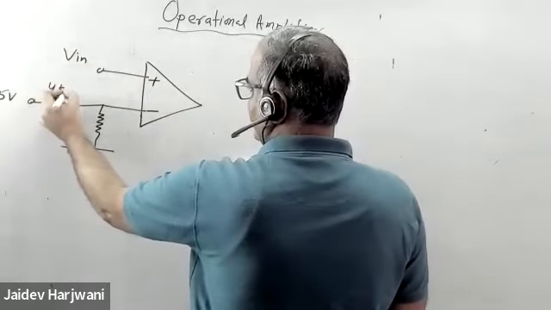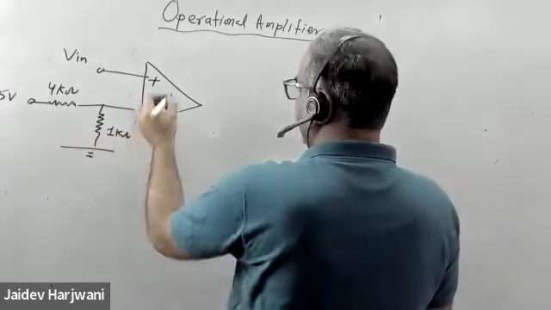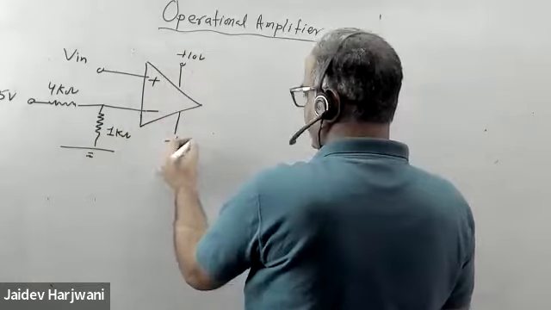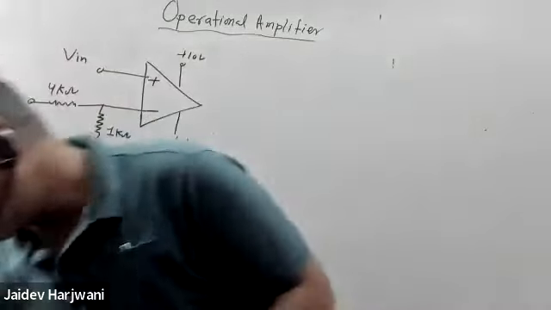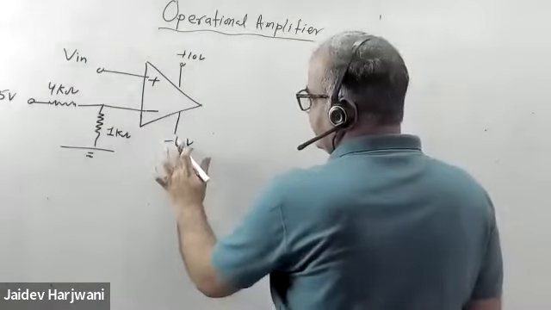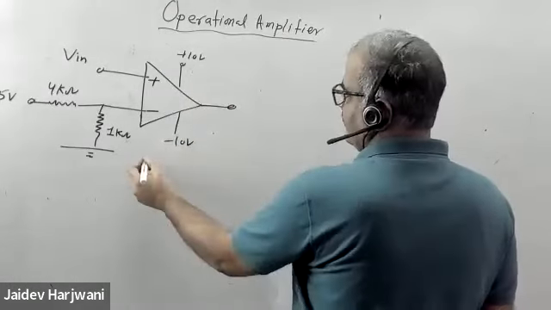This is 4 kilo ohm, this is 1 kilo ohm, and biasing is given as plus 10 volt and minus 10 volt. This is an ideal op amp.